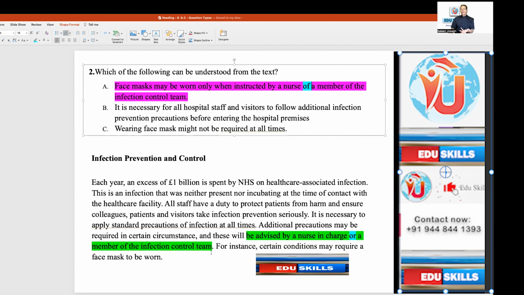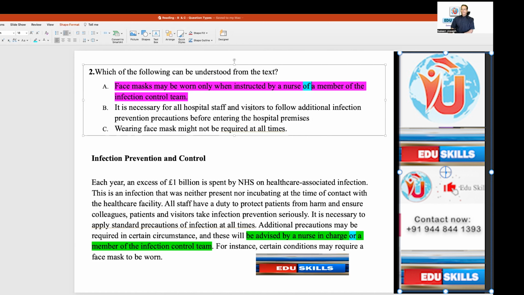Even when we read, there is a pause, but otherwise, face masks may be worn only when instructed by a nurse or a member of the infection control team. So you see the grammar used is different. In other cases, I'll also show you examples where, without looking at the text, you can make out grammatical mistakes in the option itself.